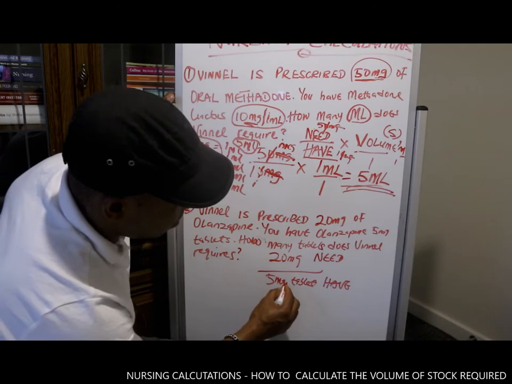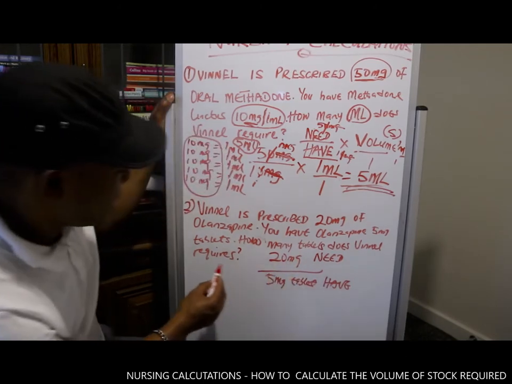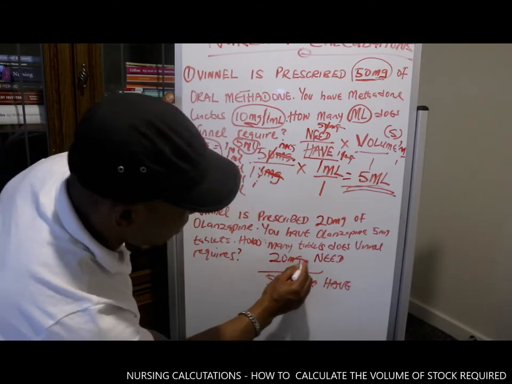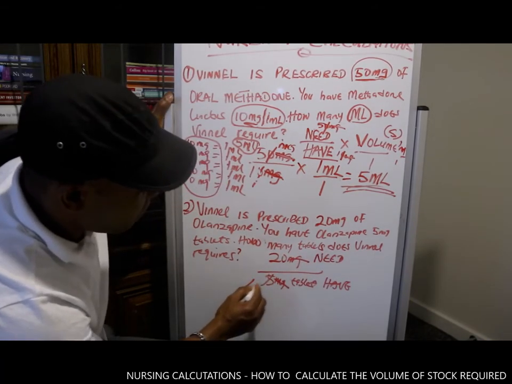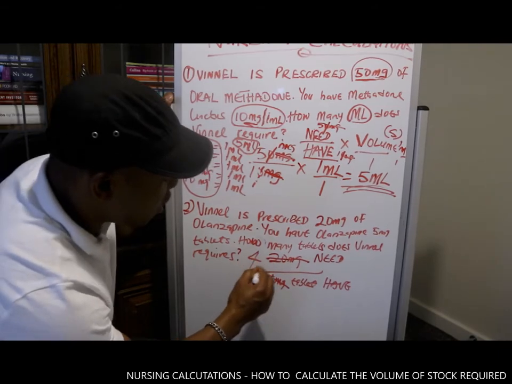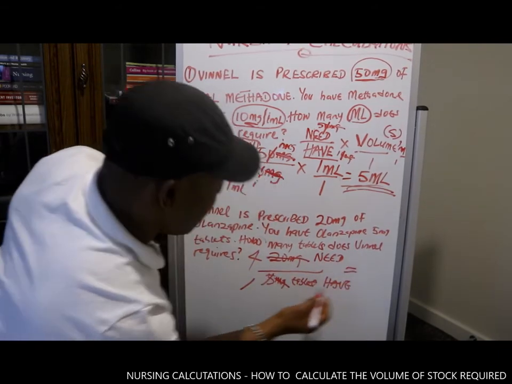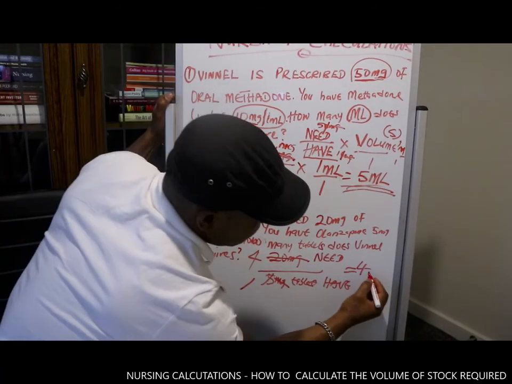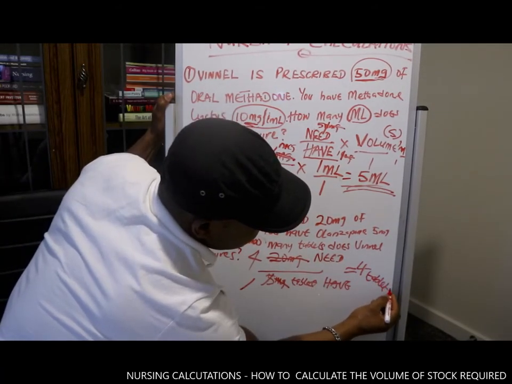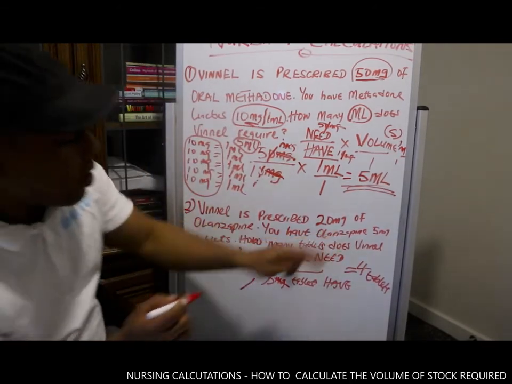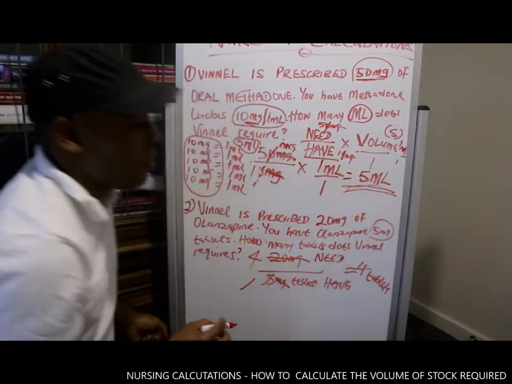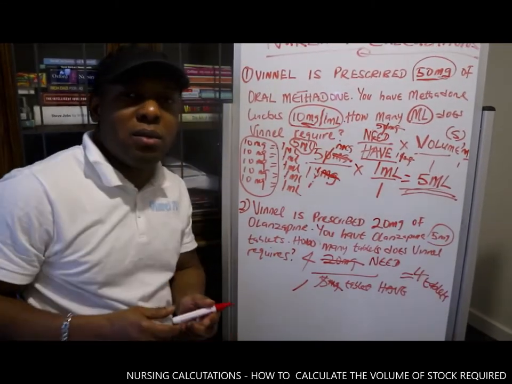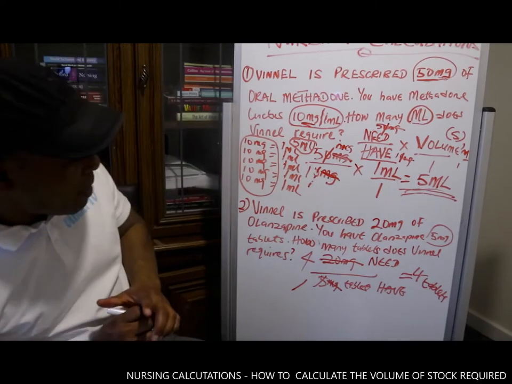Once you understand need over have, what we're going to do is cross out. The question is asking how many tablets, so cross out milligram here, cross out milligram, so 5 divided by 20 is 4. So what we now require is 4 tablets of 5 milligram to give you 20 milligram of olanzapine.